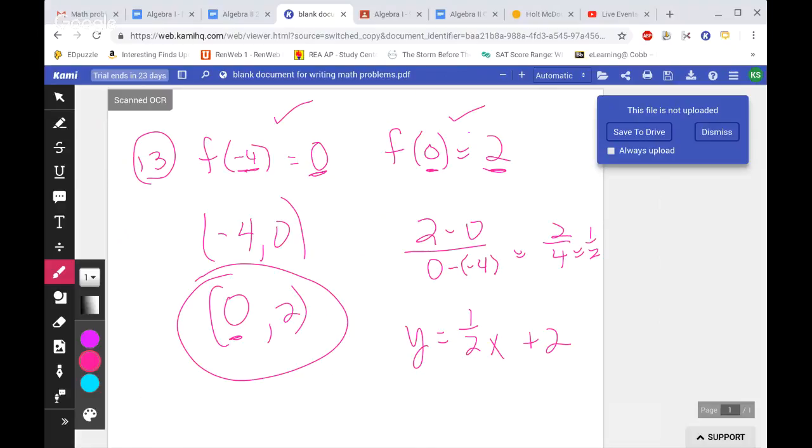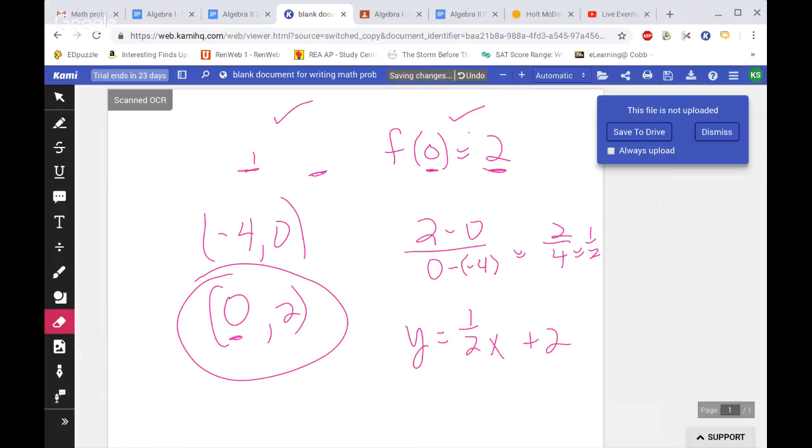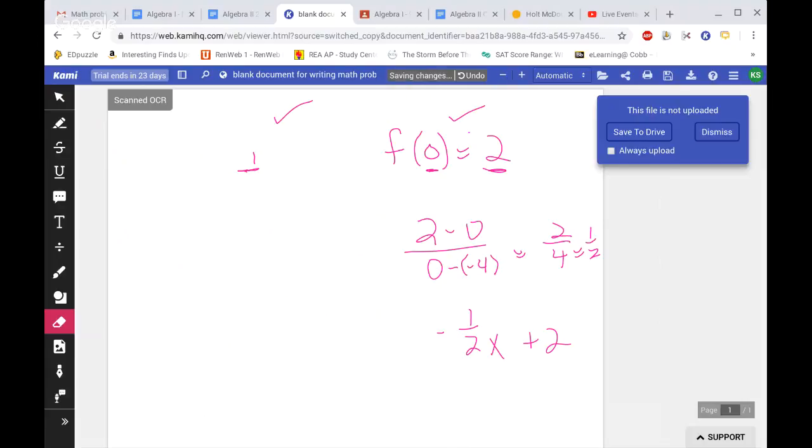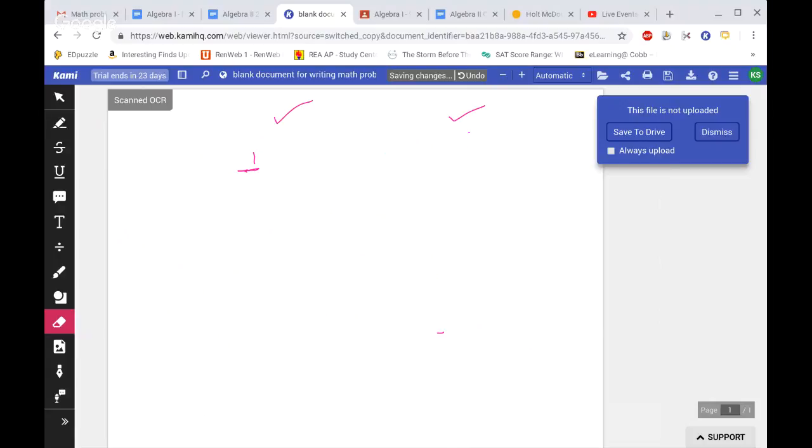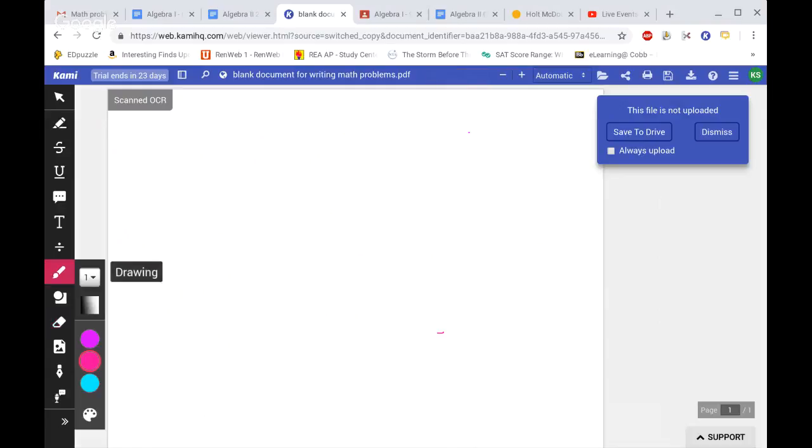I'm pulling up my book on my other computer so I can have it in front of me. 2, -4, 0, -4.